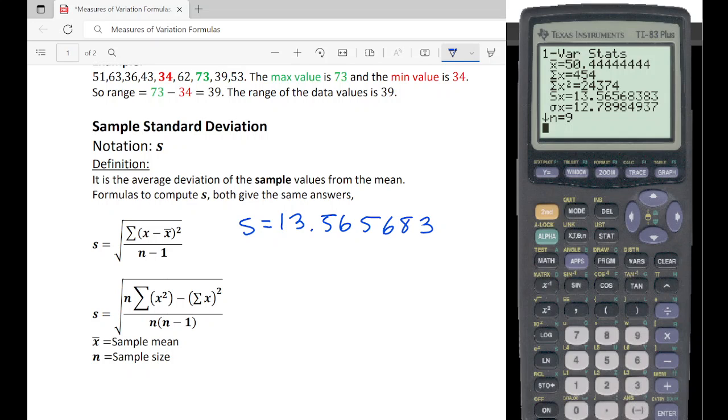I'll just go this far, because I want to round it to 2 decimals, so 6 decimals deep is enough. So I'll say that my sample standard deviation is 13.57. And it's as simple as that to get the sample standard deviation from your calculator.